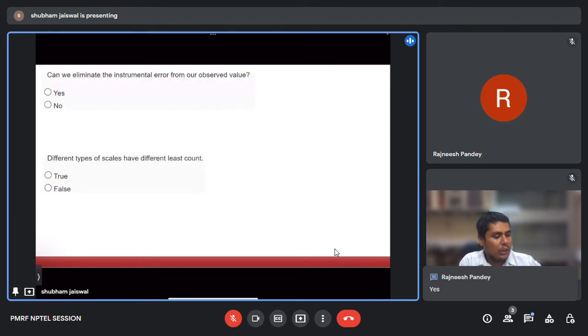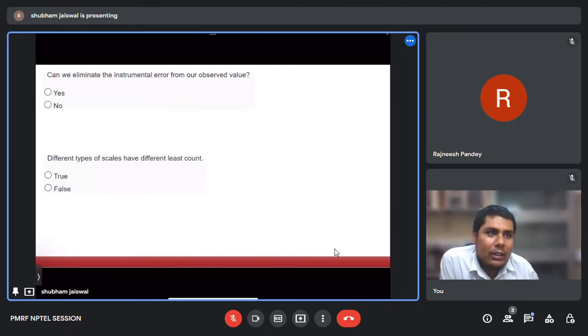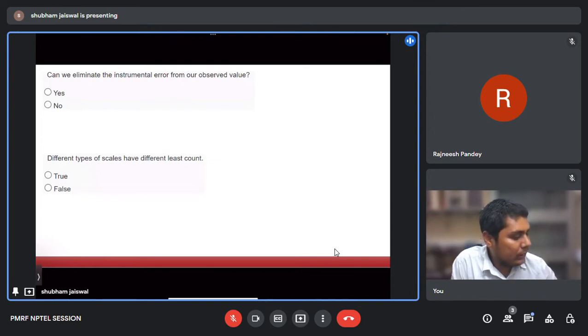So here are some questions. Can we eliminate the instrumental error from our observed value? Are you able to answer this? Okay, so we will take one example.